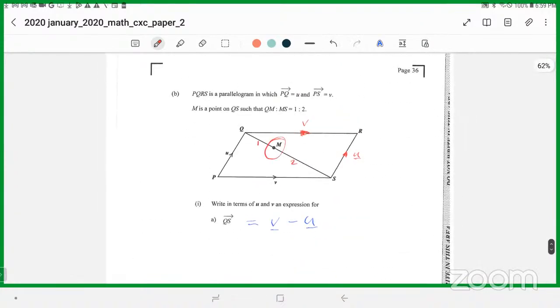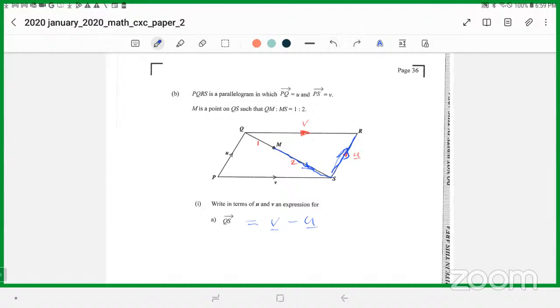Go from M to R. Easy. Go from M to R. I'm not going to go this way because I'm going in the opposite direction to QS. I prefer come down this way to S first and then go from S up to R. Right? That's how I go from M to R.